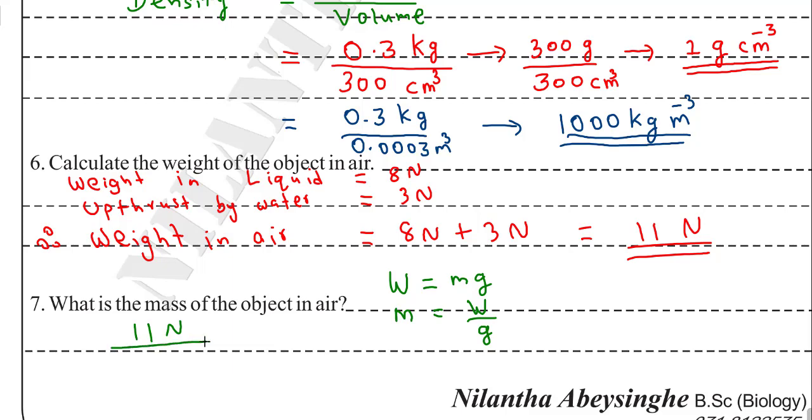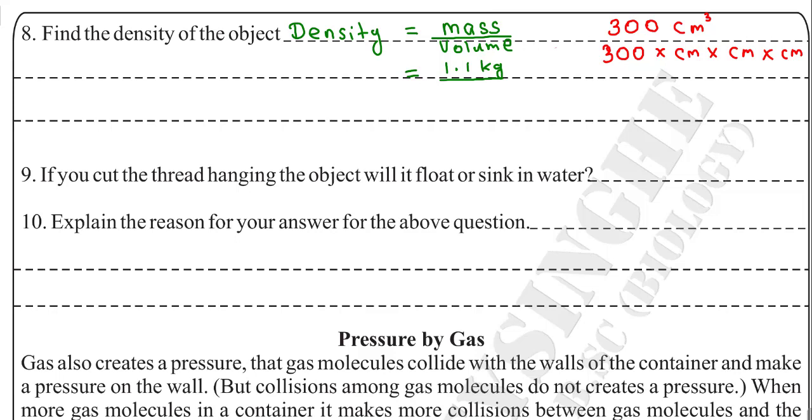Then g means the acceleration due to gravity, 10 meters per square second. 11 divided by 10 is 1.1 kilogram. Mass we measure with the kilogram. Weight we measure with the Newton. Right. Have you done that, children?